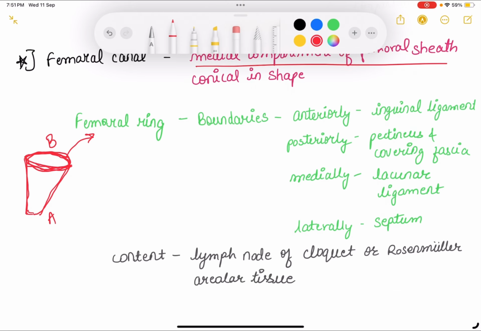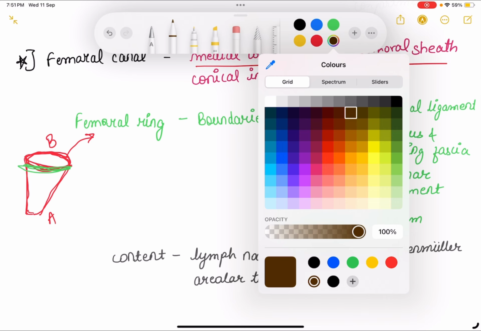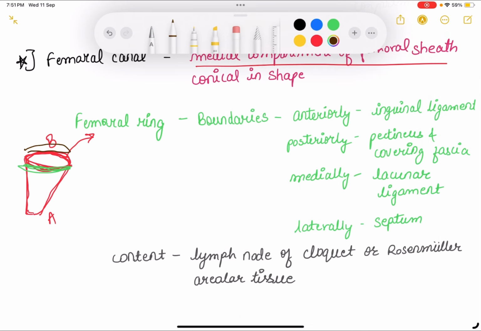Now let us look at the boundaries of the femoral ring. Anteriorly it is bounded by the inguinal ligament. Posteriorly we have the pectineus muscle and its covering fascia. Now let us consider this the medial side and this the lateral side.